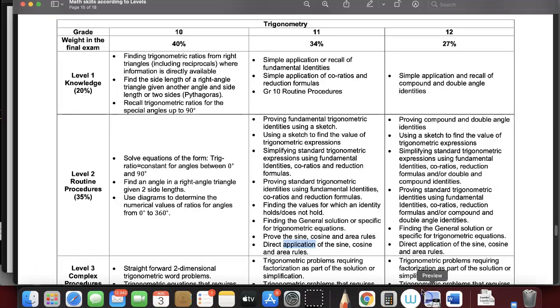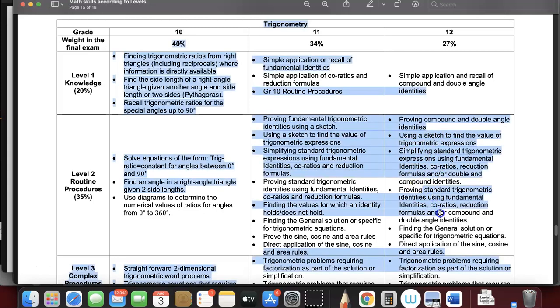And as you can see, this was an hour video to take you roughly through the basics. Well, we still have all of this to do: proving compound and double angle identities, using a sketch to find the value of trigonometric expressions. You'll see there, still in grade 12, simplifying and proving standard trigonometric expressions.